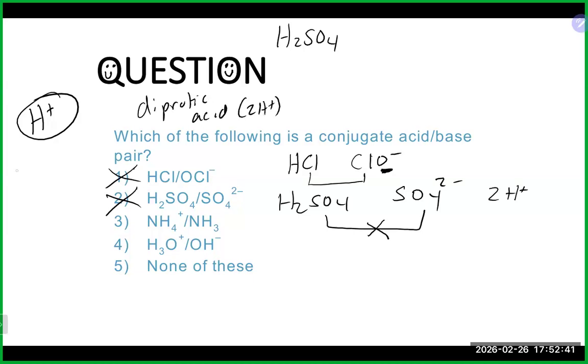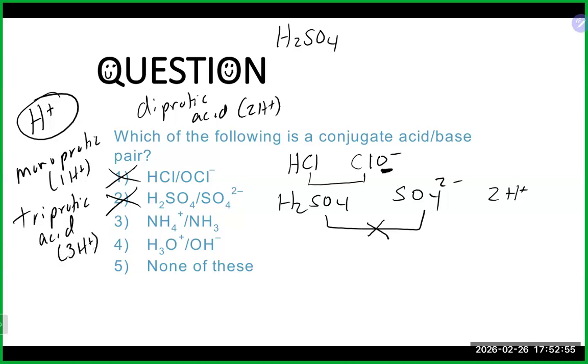As opposed to a monoprotic acid, which has one hydrogen to give, or perhaps a triprotic acid that has three hydrogens to give. Now, when you get into a diprotic acid or a polyprotic acid, triprotic acid, the hydrogens actually come off one at a time. So they don't both just drop off into the solution at once.